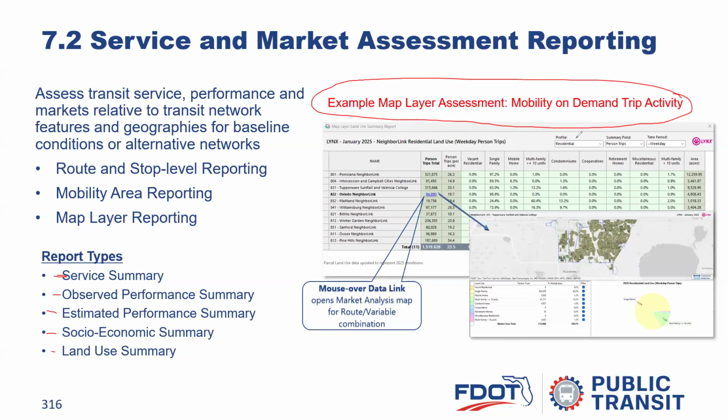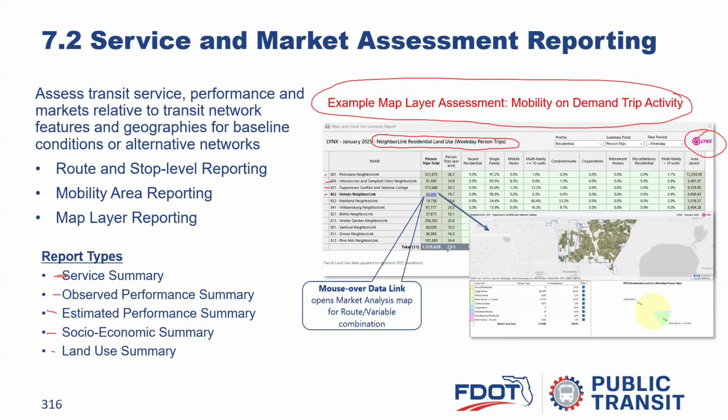What we're showing is the Lynx transit system, where their NeighborLink residential land use weekday person trips. Their NeighborLink is their mobility on demand service. So there's zones, right? In our report, we have each zone that they have, and they're basically route names, 801, 804, 822, et cetera.